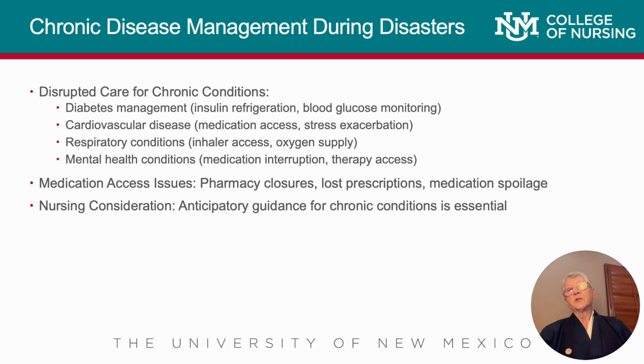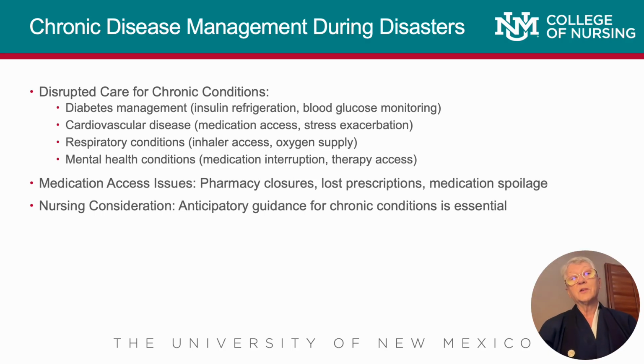Let's talk about a specific challenge, maintaining continuity of care for patients with chronic conditions during disasters. Think about diabetes management. People need insulin, which requires refrigeration. They need to monitor blood glucose, which requires supplies and functioning equipment. During a disaster, these things may not be available.